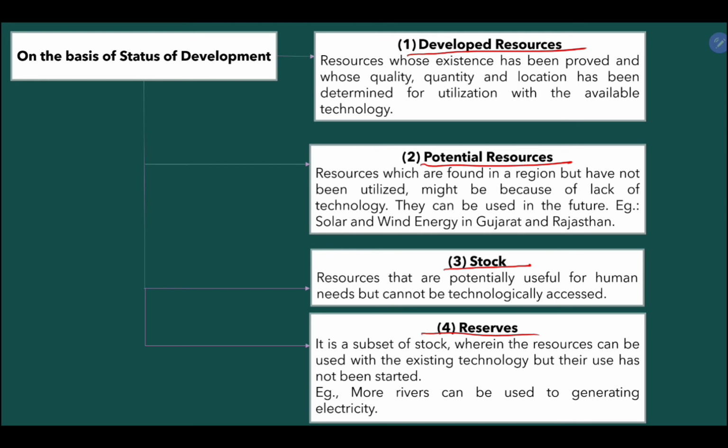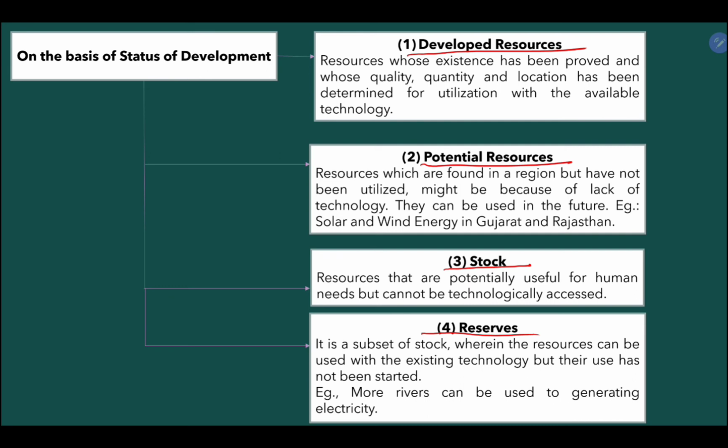For an example, solar and wind energy are widely available in the states of Gujarat and Rajasthan, but still we are lagging in using the resource without technology. So that is the potential resource.